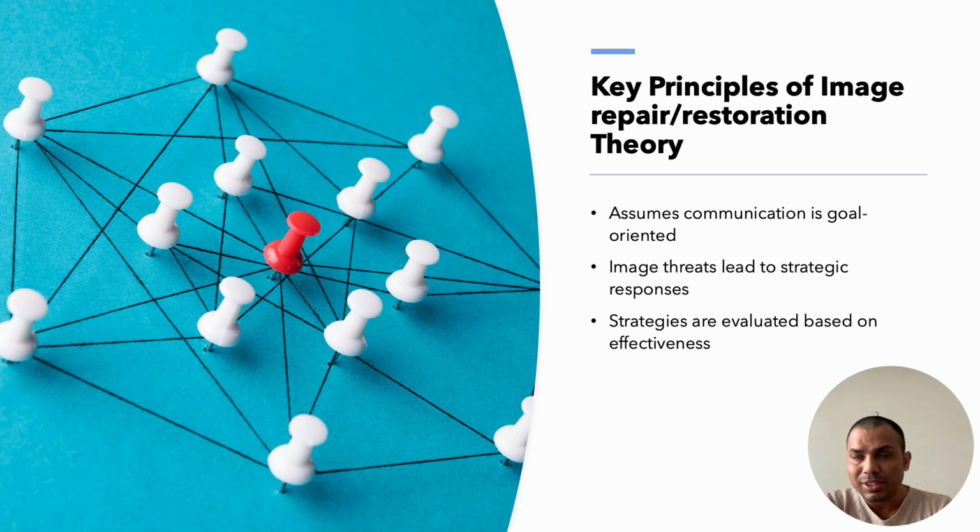Your communication strategy, procedure, or style is going to help you manage that crisis, right? So the main goal of this theory is to communicate in a way that manages the crisis. It is goal oriented, about managing the crisis through communication.